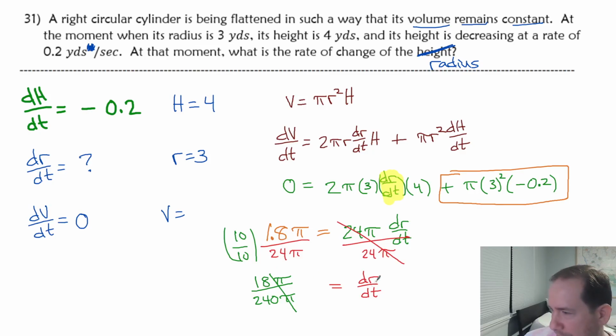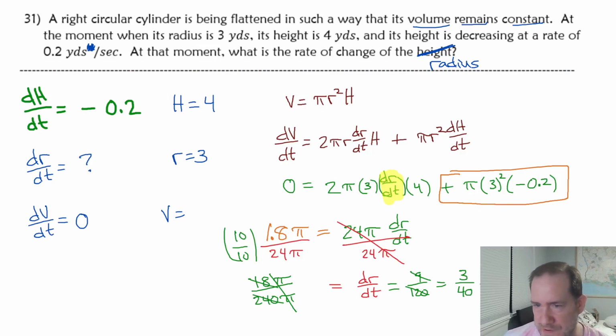I'm not accepting those. So we've got an 18 over 240, which I can chop in half to get 9 over 120. Now I can't chop them in half anymore, but they're both pretty obviously divisible by 3. So I now have 3 over 40. And it looks like that's the best we can do in terms of simplification. So it's 3 over 40, 3 over 40 being approximately 0.075.